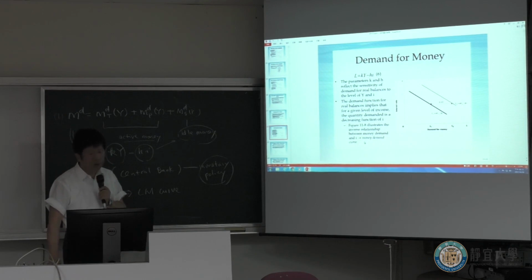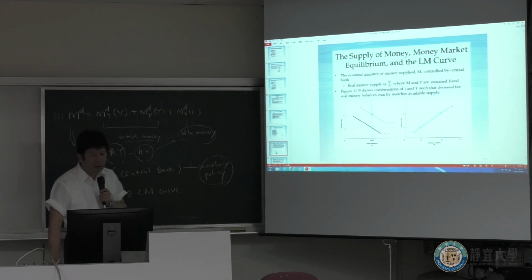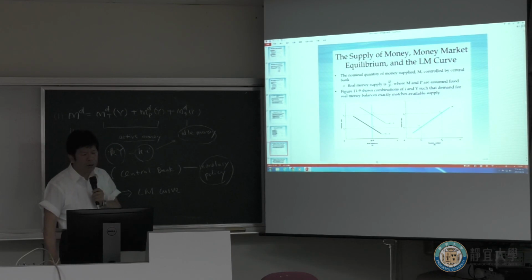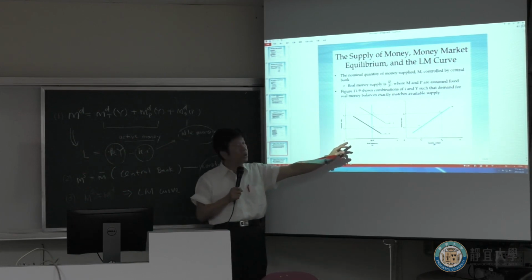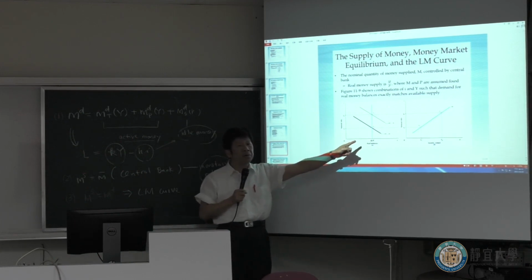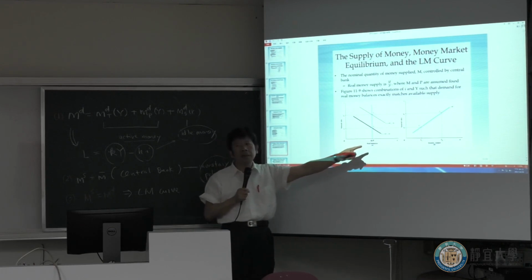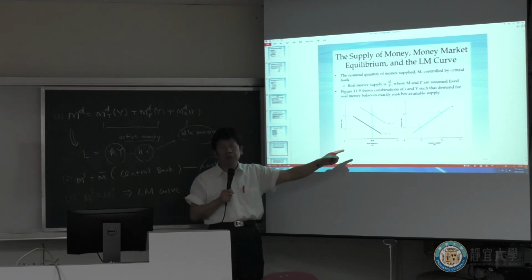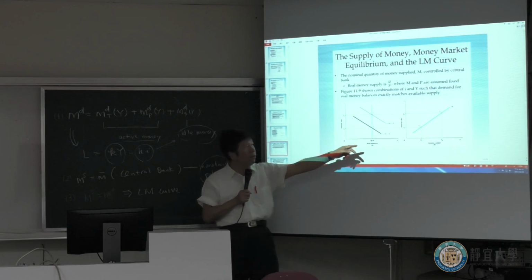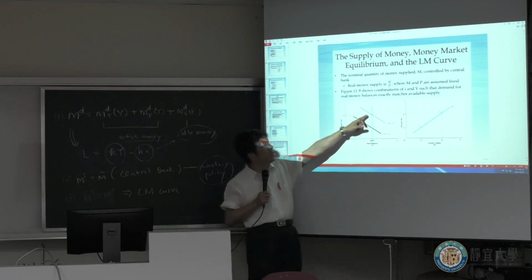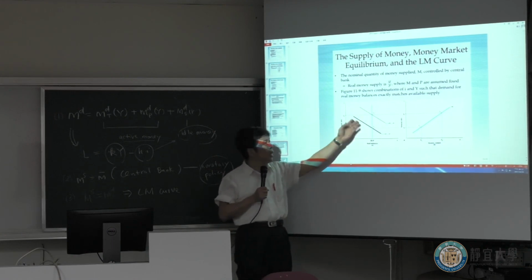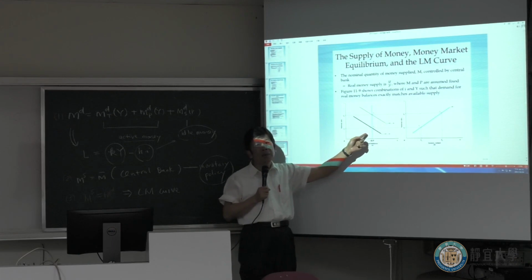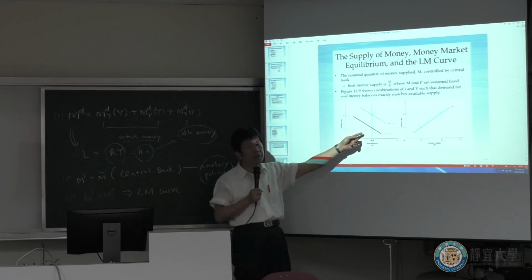After that, we can also find the LM curve, which has a positive slope. Looking at the graph, the blue line represents the money supply, and the other two lines represent the money demand.